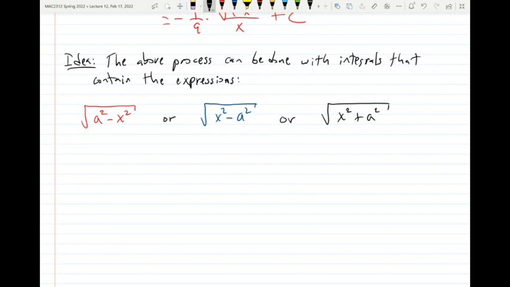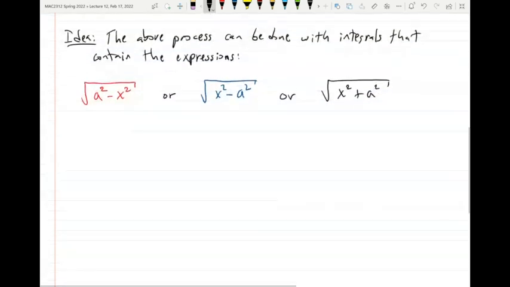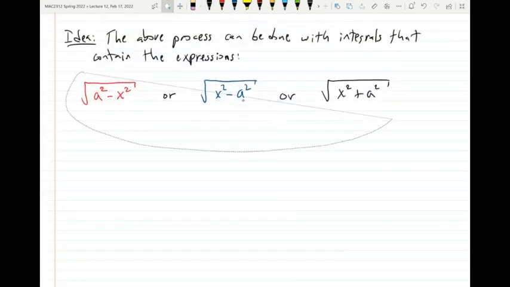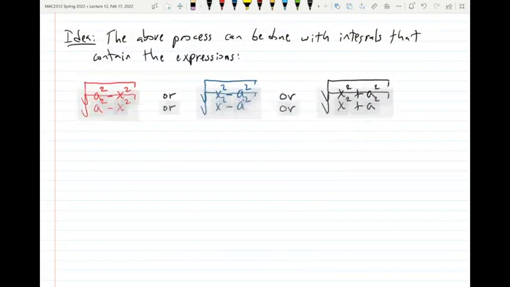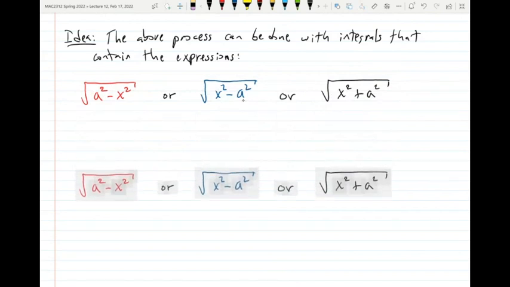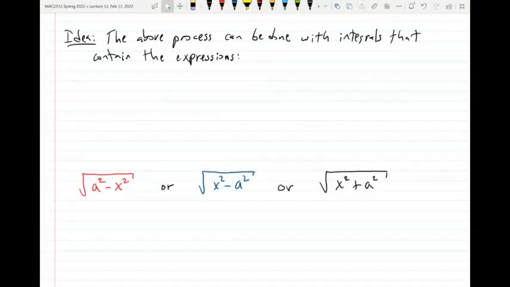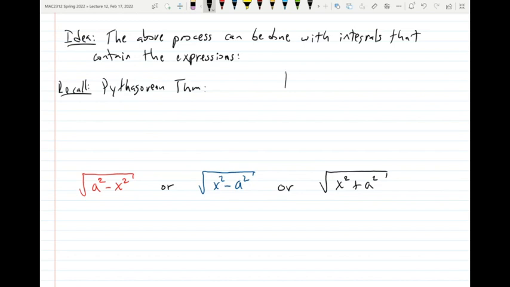What does the Pythagorean theorem say? So recall the Pythagorean theorem. If you have a right triangle, okay, this is a 90-degree angle.